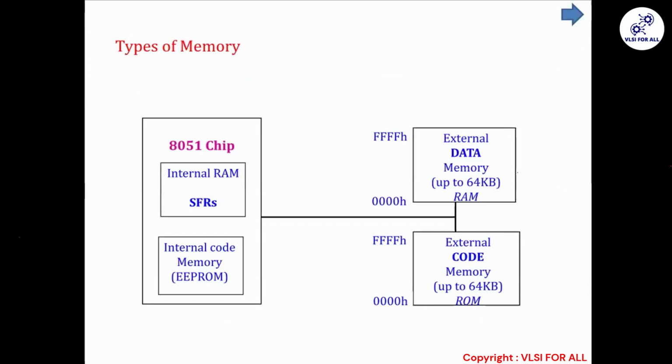Here is the type of memory that we can interface externally with the 8051, which I am putting in front of you. What can you tell from here? Just check the diagram once so that I'll come to know what you understood. There is the 8051 chip, with its internal RAM.